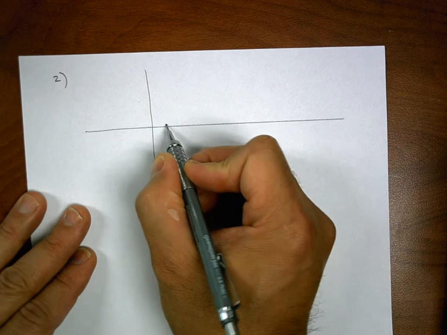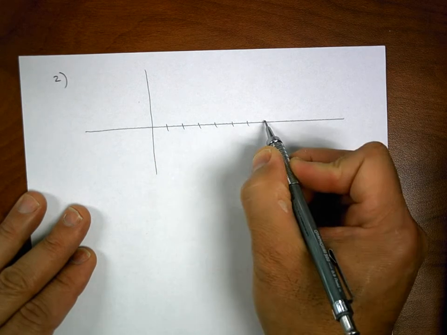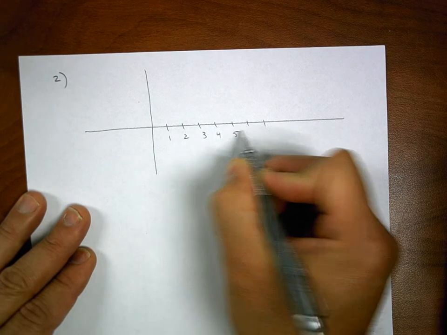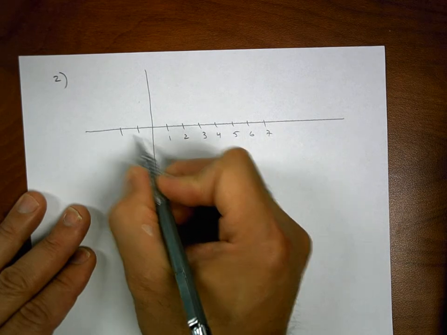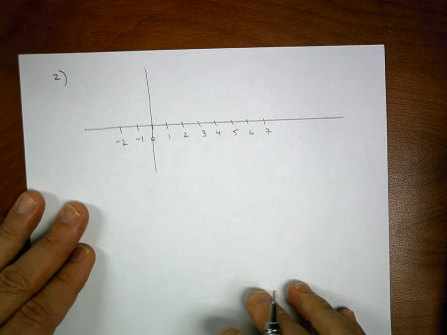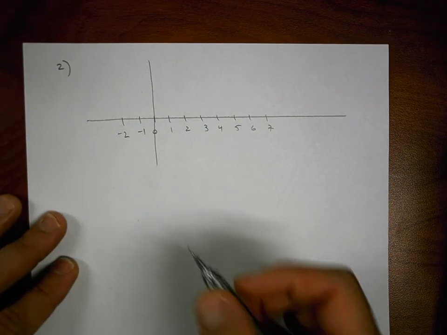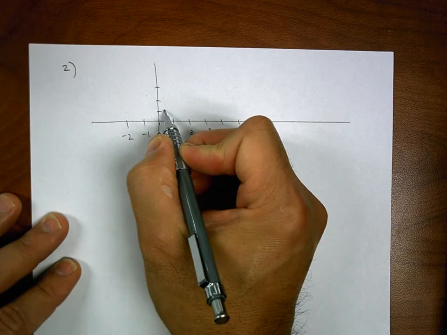So 1, 2, 3, 4, 5, 6, 7. And then go 2 back. So I'll put 0 there though. -1, -2. And then 3 up. So 1, 2, 3.